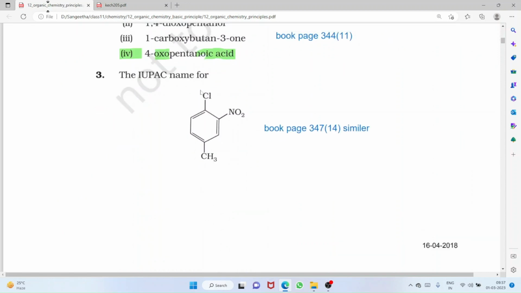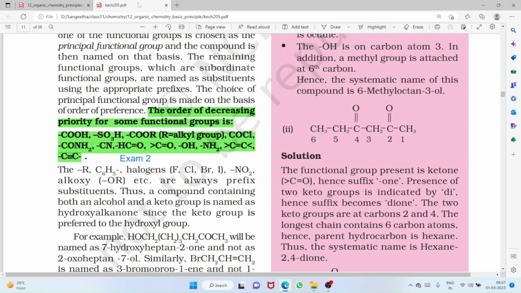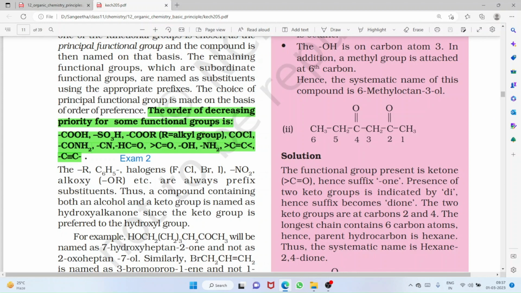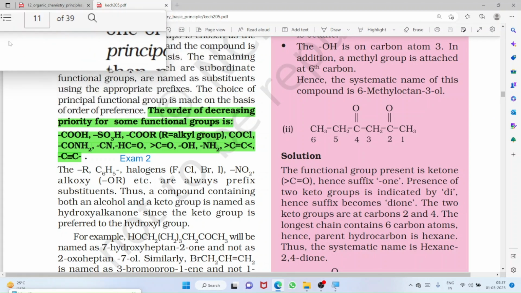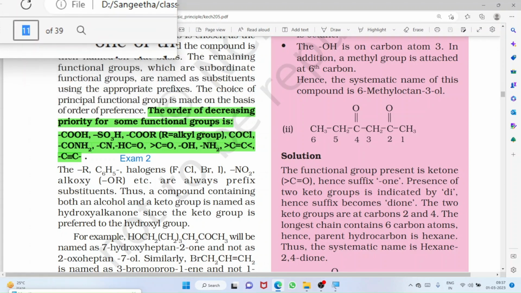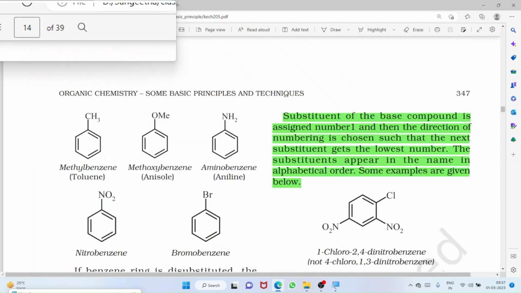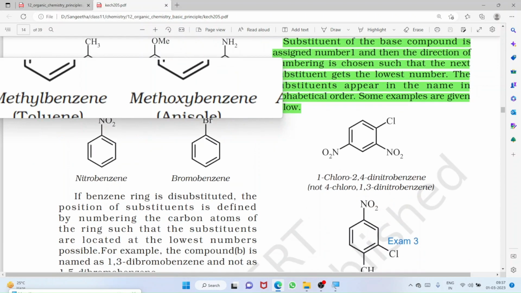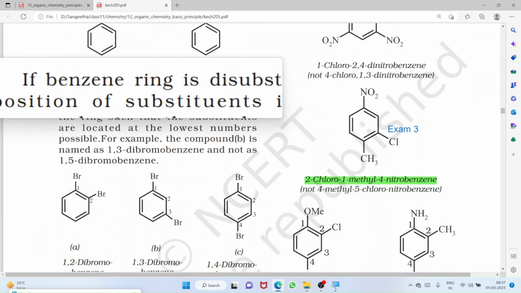The IUPAC name for this is 14. See, a similar compound is given with chlorine, methyl, and this NO2 group.